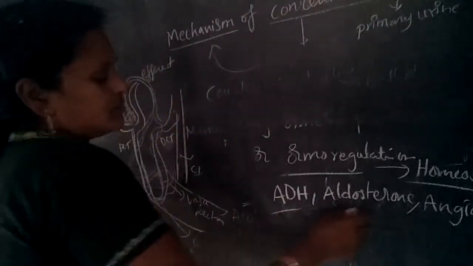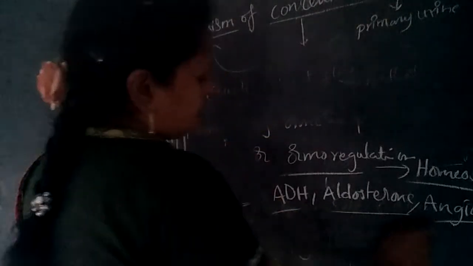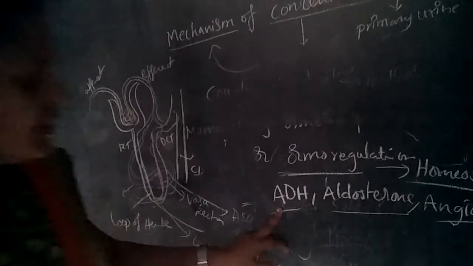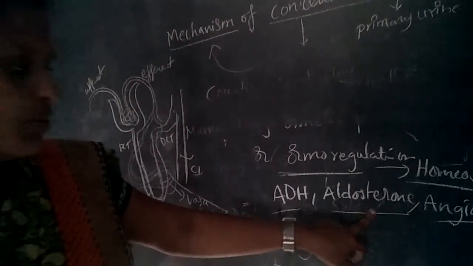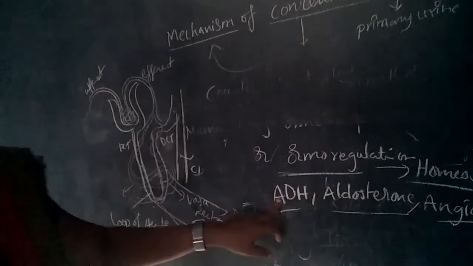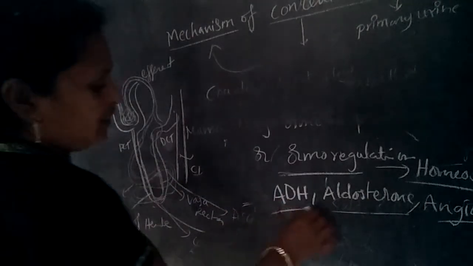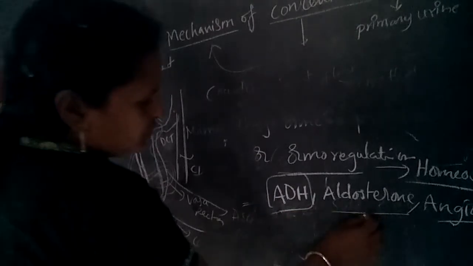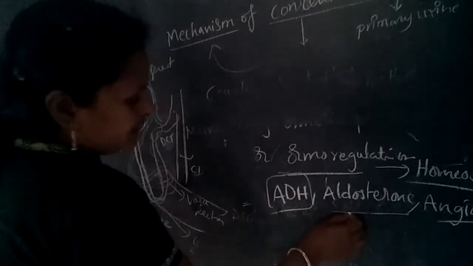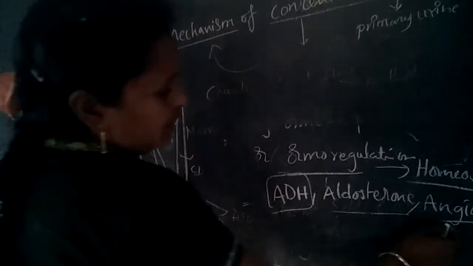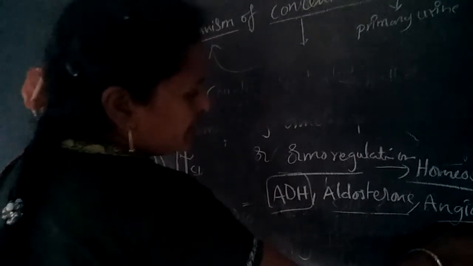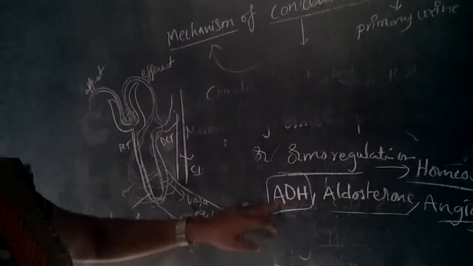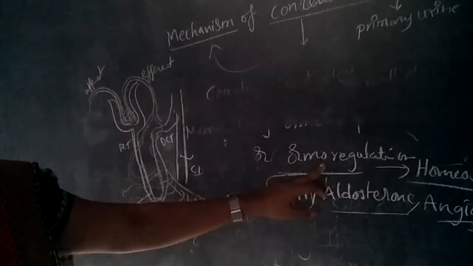ADH is also called antidiuretic hormone. Aldosterone is produced by the adrenal cortex. Angiotensin is produced by the kidney. So these hormones control osmoregulation.